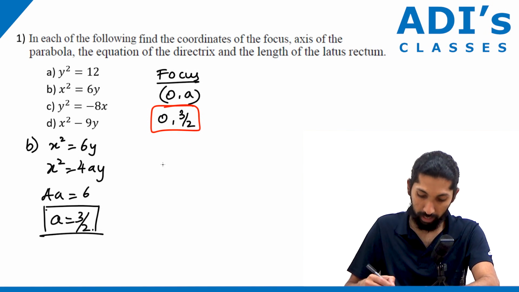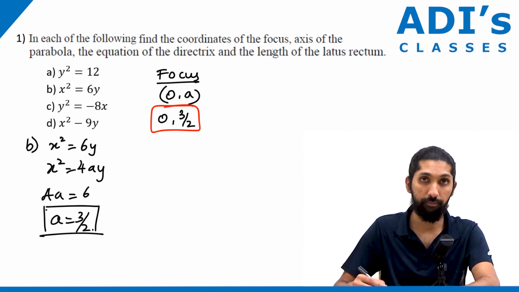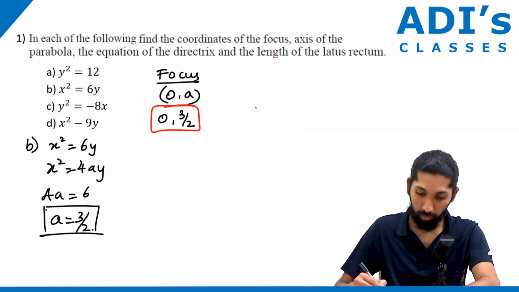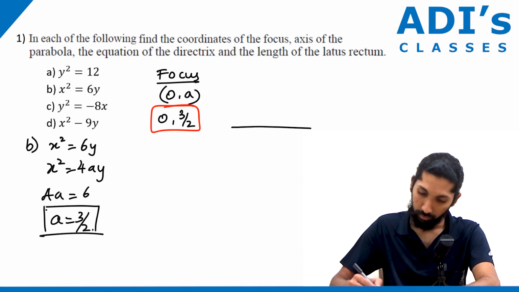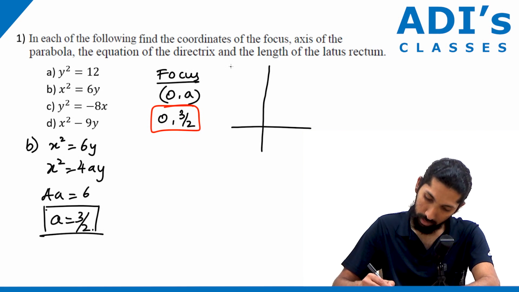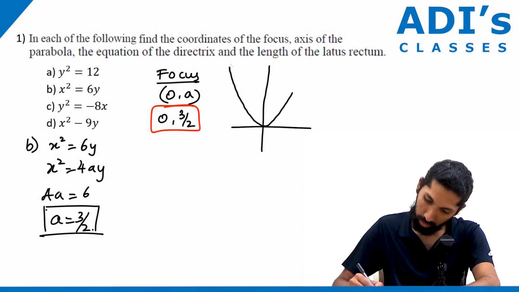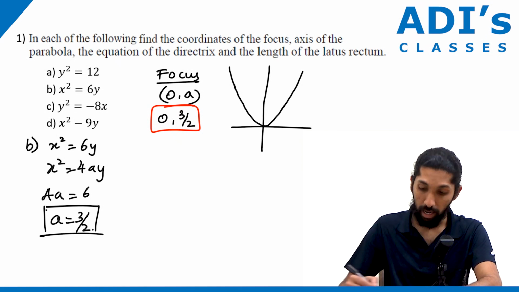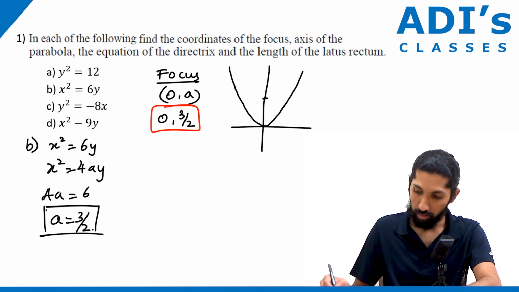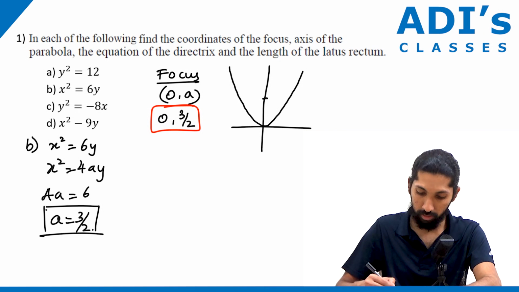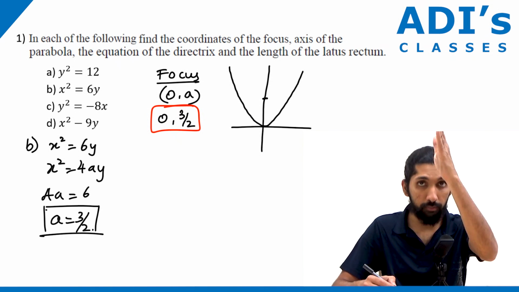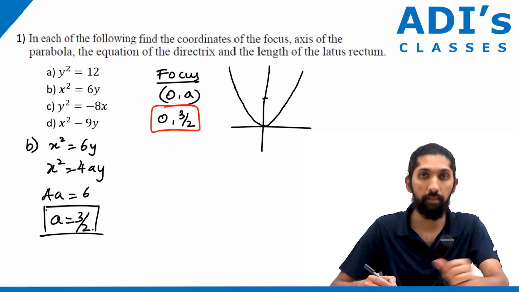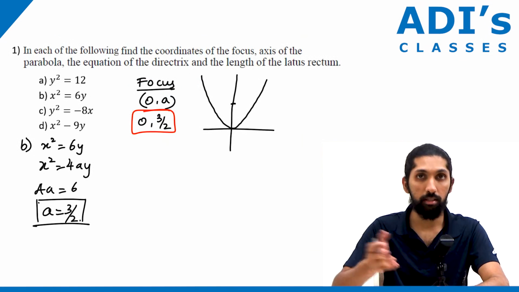Axis. For the axis, first we'll draw the graph. This is the x and y axis. The equation is x square is equal to 4ay, and the graph goes something like this. This is the focus (0, 3/2). What is the line of symmetry? Line of symmetry is nothing but the axis, right? It is the y-axis.